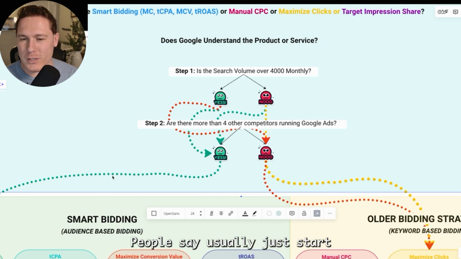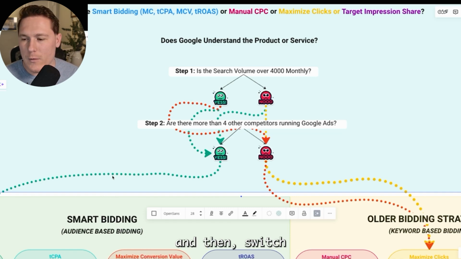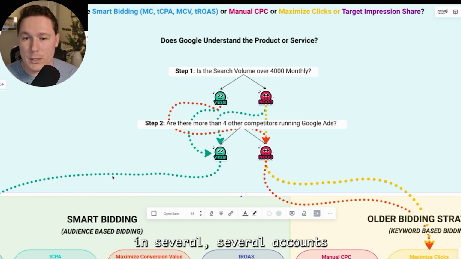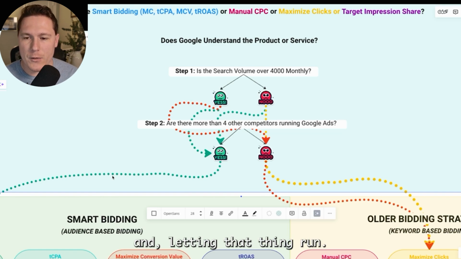People usually say just start on a manual or maximize clicks bidding strategy, wait till you have about 15 to 30 conversions, and then switch over to maximize conversions. But I disagree with that. I've tested this in several accounts, and I've seen a lot of success with just switching right to maximize conversions with a new account and letting it run.